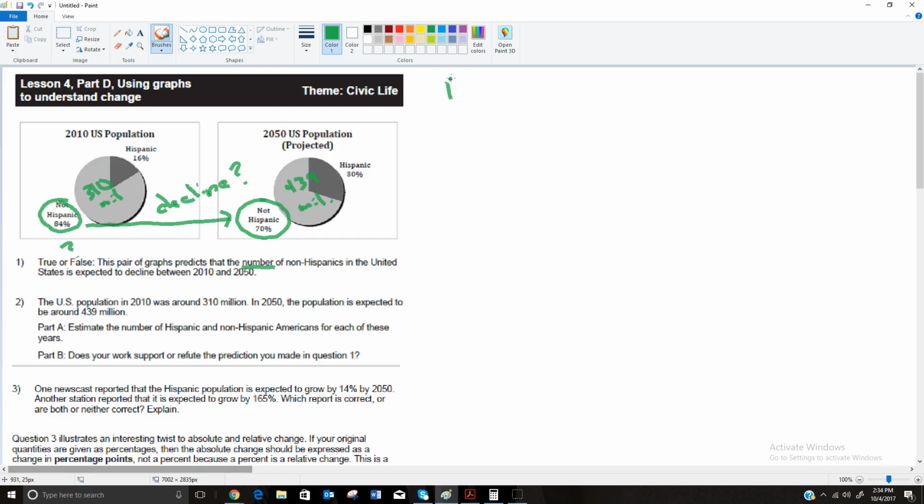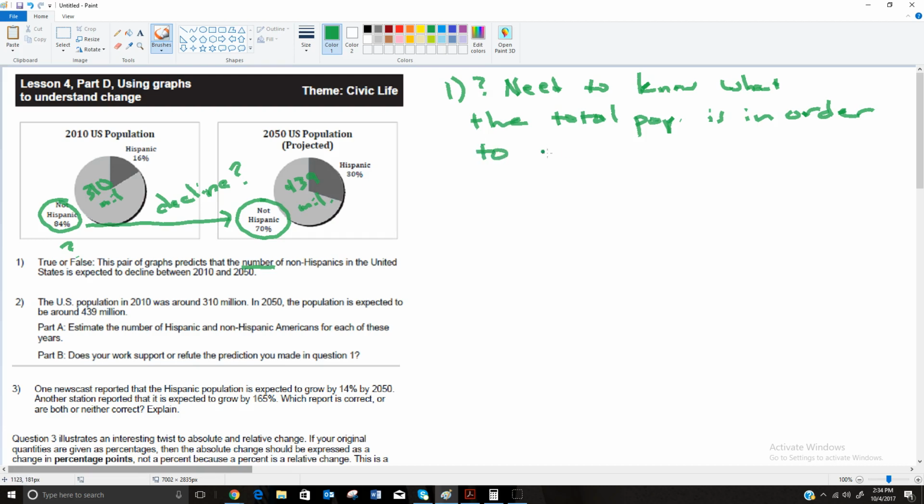So for number one, let's put down that we need to know what the total population is in order to know how the actual numbers change.